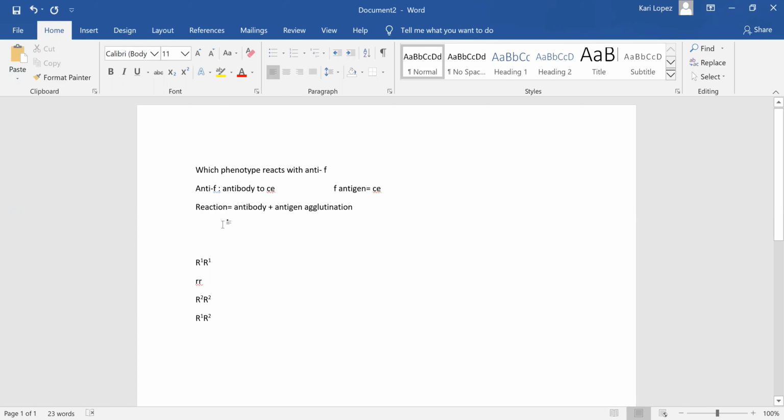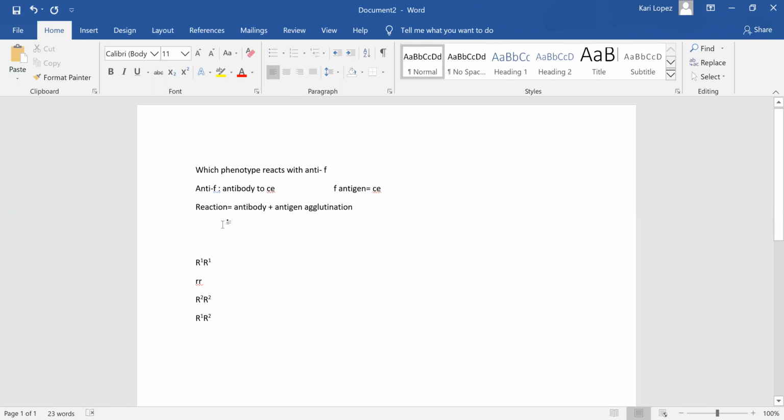So we know that we need the antigen on the patient RBC, because, if you go back, I told you you need one known and one unknown, and then you need your red blood cell and your sera.